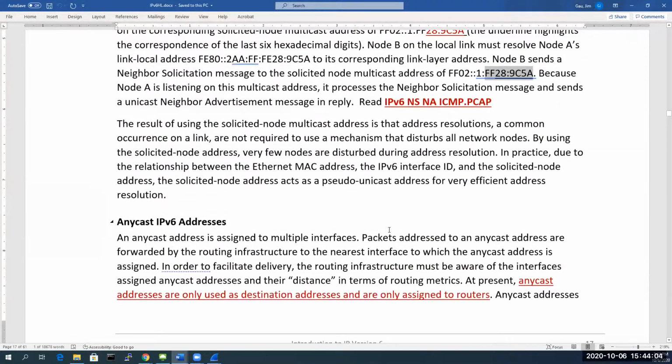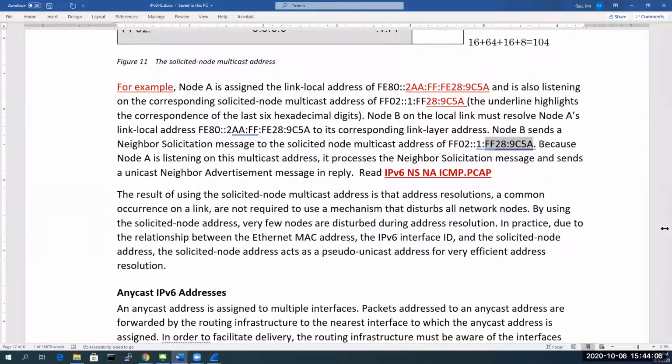Okay, if we take a look at the real example here, it will make it more clear. Remember the rule: in the layer 3 IPv6 multicast address, the last 32 bits will be put after the 33:33 as the multicast address in the MAC.